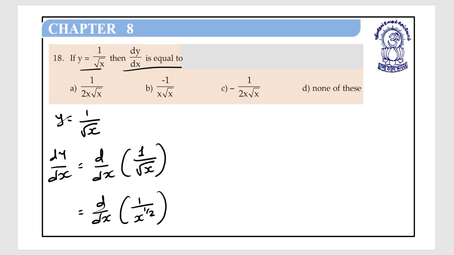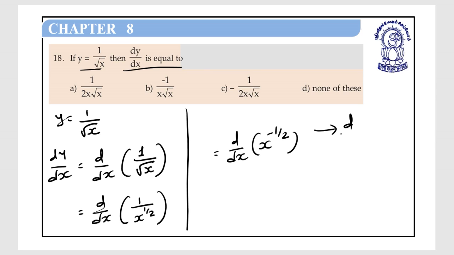Again, we can write x raised to minus 1 half in the numerator. So here you have to apply the formula: d by dx of x raised to n is equal to n into x raised to n minus 1. Here n is equal to minus 1 by 2.